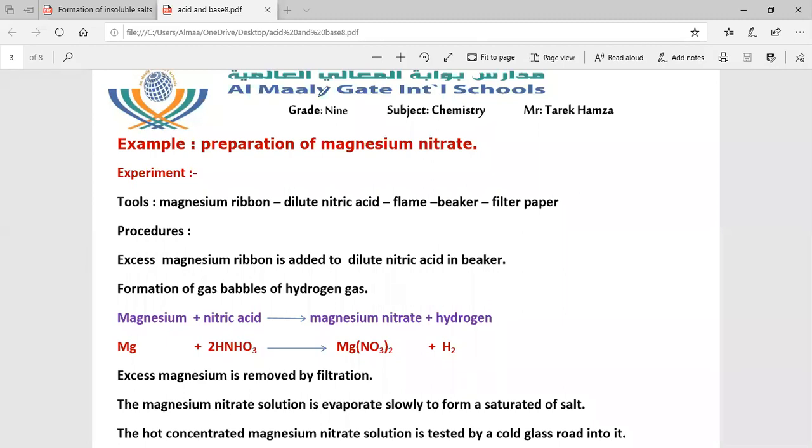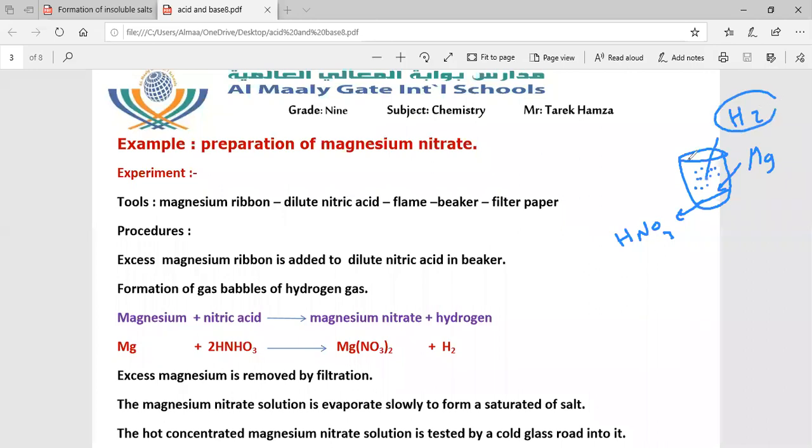We have a beaker with dilute nitric acid, HNO3, and add magnesium metal. There is a reaction between metal and acid. Gas bubbles are released. This gas is hydrogen.